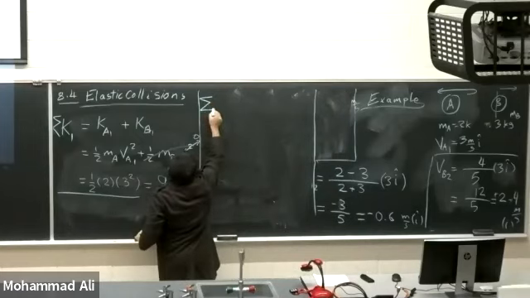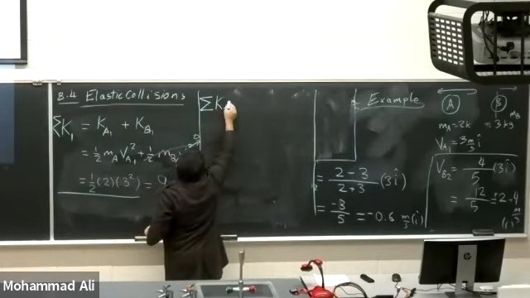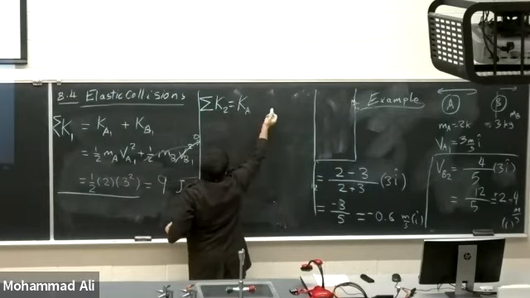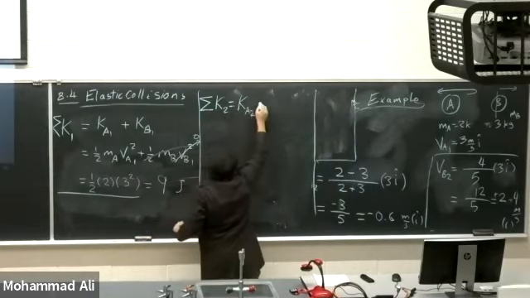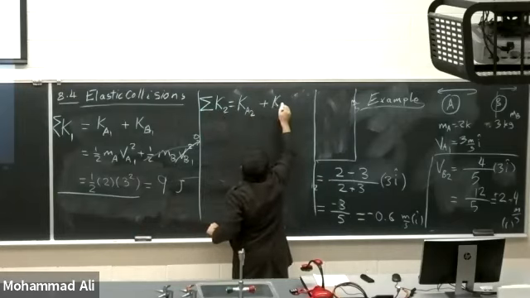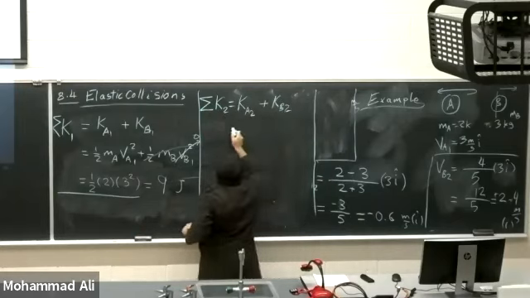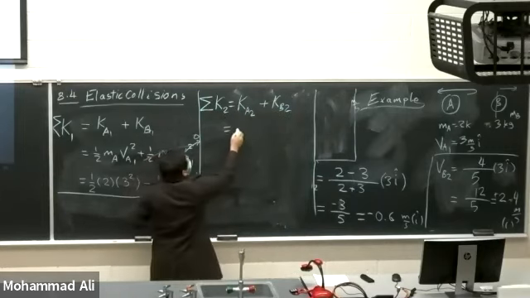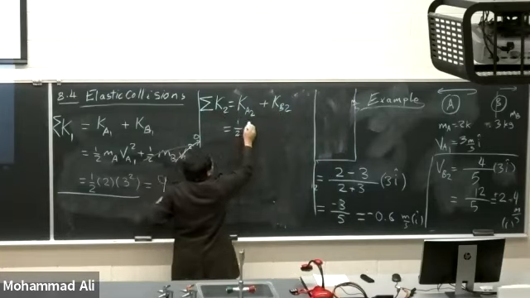Total kinetic energy after the collision is equal to the kinetic energy of particle A after the collision plus the kinetic energy of B after the collision. We don't have any zeros now. So it will be equal to half MA.